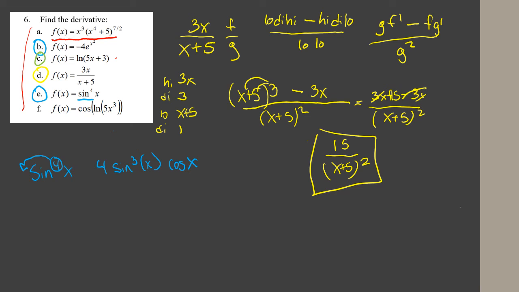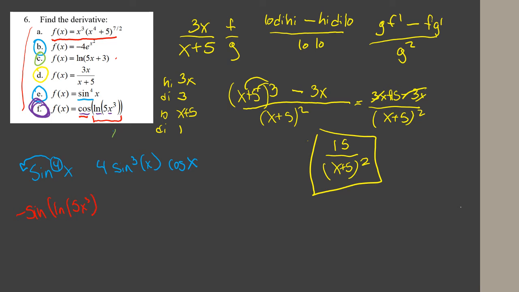Now F, our last one, is going to take a lot of unpacking because we have a lot of different parts here. Look at all that. So we're going to start outside and work inward with the chain rule. So our first is cosine and then the inside. The derivative of cosine is negative sine, and then the inside stays the same, ln of 5x cubed.